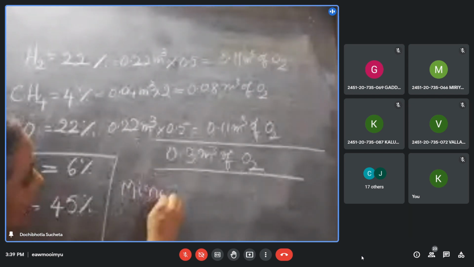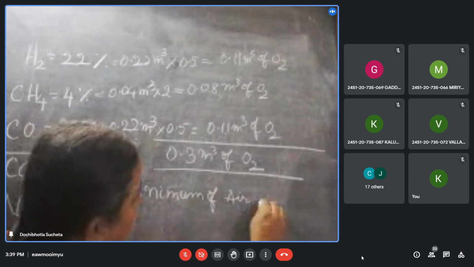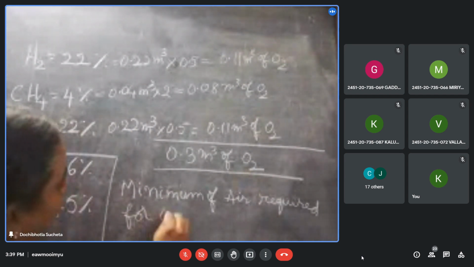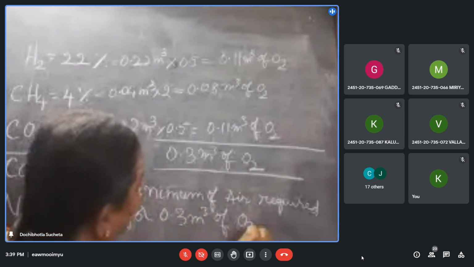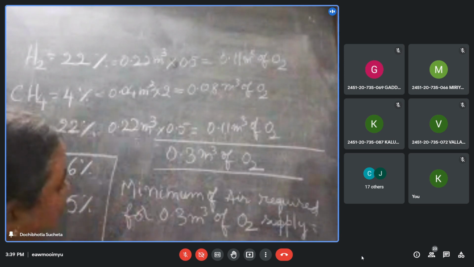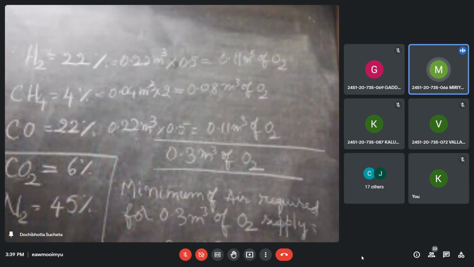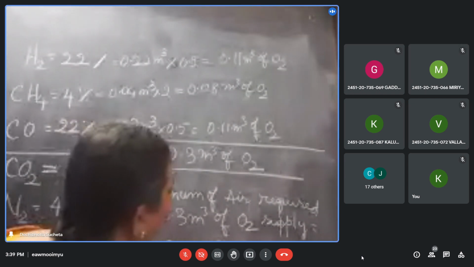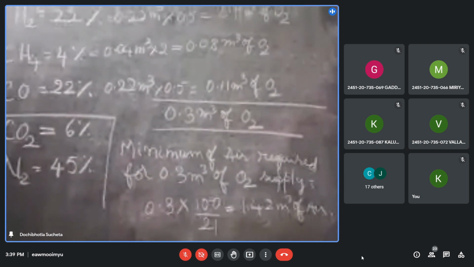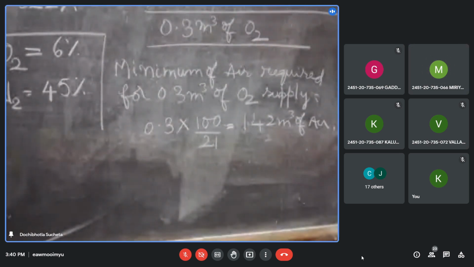The minimum amount of air, that is the exact amount of air required for supplying 0.3 meter cube of O2, is equal to 0.3 into 100 by 21, which is 1.42 meter cube of air required. Now, because 22% excess of air is to be supplied.